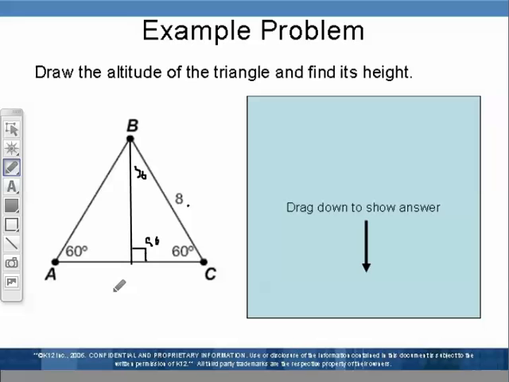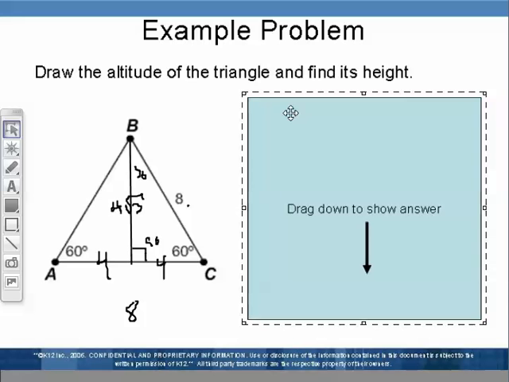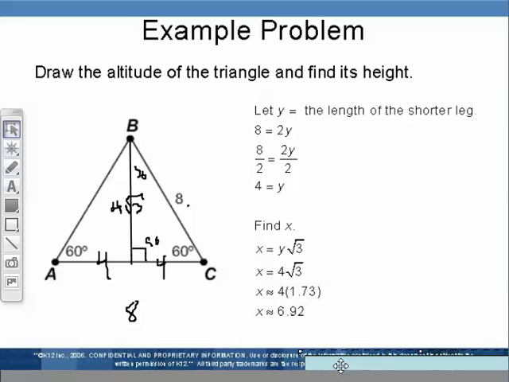And if this side was 8, this side down here was 8, that means each portion down here was 4, and this height is 4 square roots of 3. If I've got 4 square roots of 3, that's the apothem in some situations, or the height of that triangle. I can then find out the entire area of that triangle by simply multiplying it out.